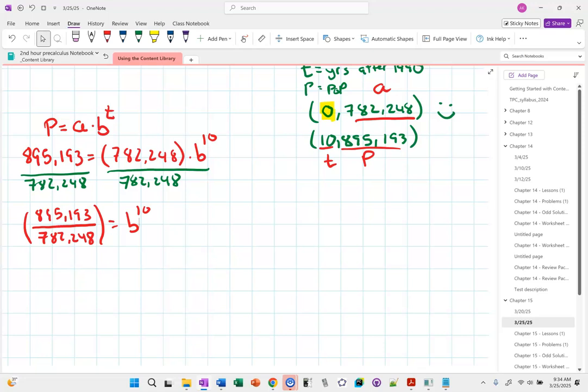Now, how am I going to get rid of that power of 10 attached to the b? How would I get rid of that? I've got to get rid of this guy right here.